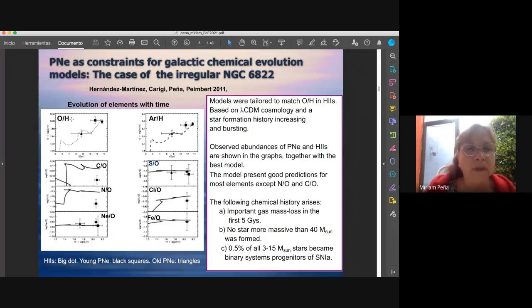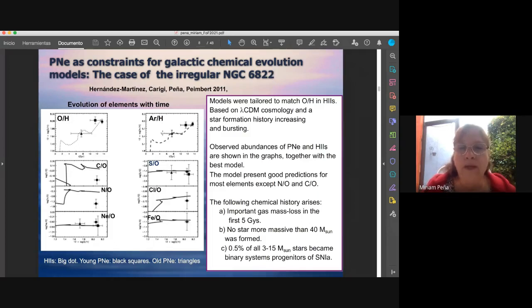And we are presenting here a model of chemical evolution of the galaxy where the abundances evolve with time. The models were tailored to match oxygen in H II regions, and models are based on lambda cold dark matter cosmology and the star formation history increasing and bursting.